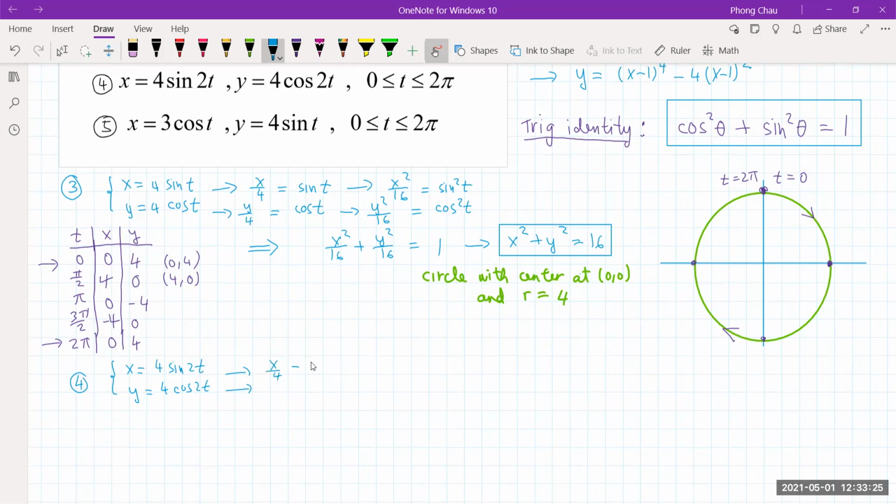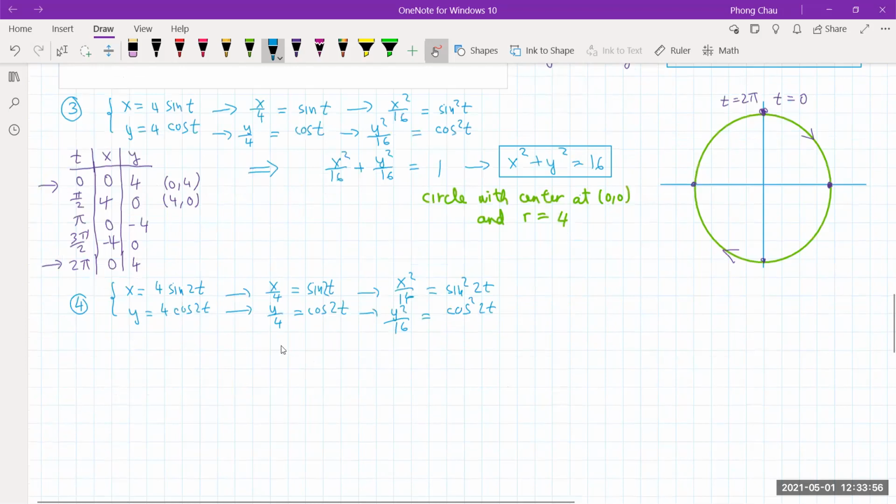You see the same technique is done. We solve for sine, we solve for cosine of 2t, and let's square both sides. Again, you can see that it doesn't change anything, because the identity still works no matter what I have inside here, right?